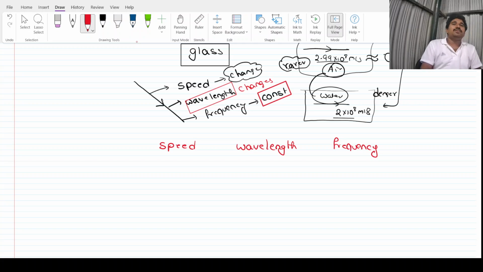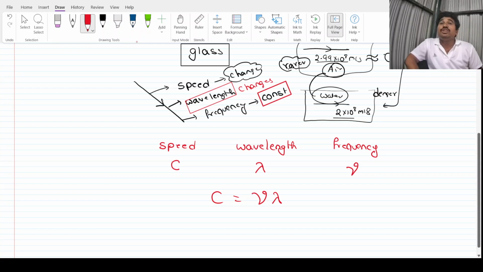Speed I am indicating by c, wavelength by lambda, and frequency by nu. There is a relation between these three: c = nu lambda.